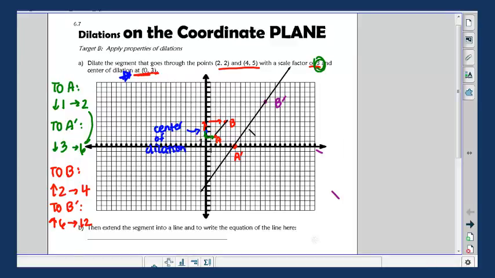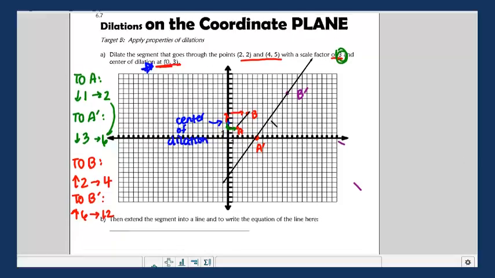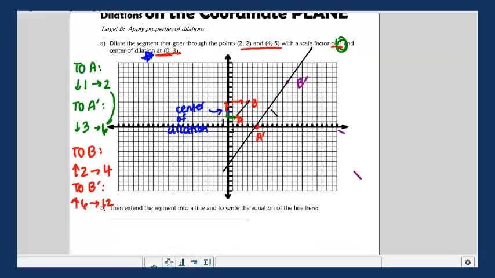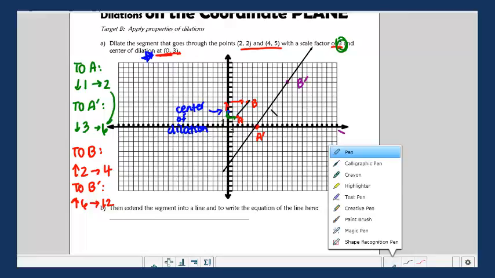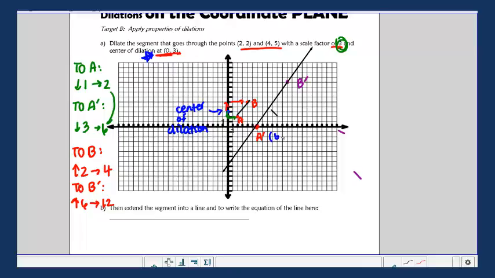If we are going to find the equation, we need to find the coordinates of the 2 points that we have. If I count, A prime is at (6, 0), and B prime is at (12, 9).